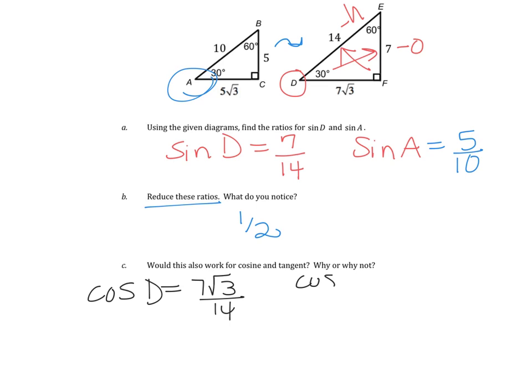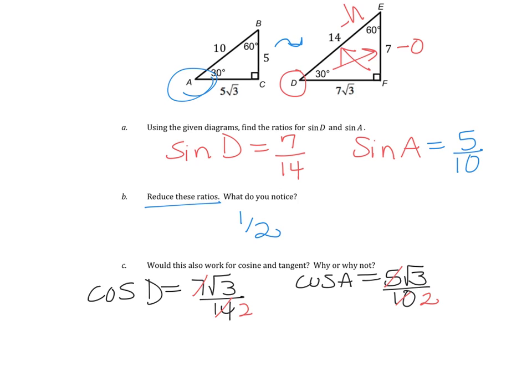And cosine of A is equal to adjacent over hypotenuse. We can reduce those. So this is radical 3 over 2. And we can reduce this, and this is radical 3 over 2 as well. So it seems to work for cosine of D, as well as cosine of A.